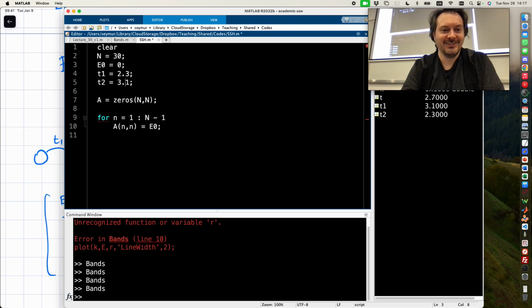E0 is 0. 1 to n over 2, right? I used diagonal. How do I write it? First, let's say diagonal as a variable. Okay, I will not bother with that.